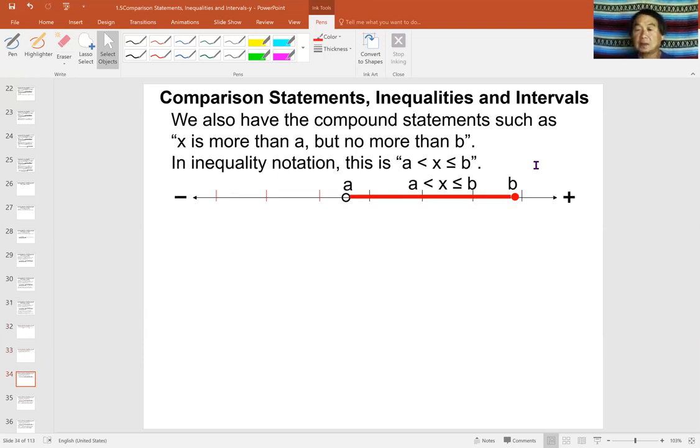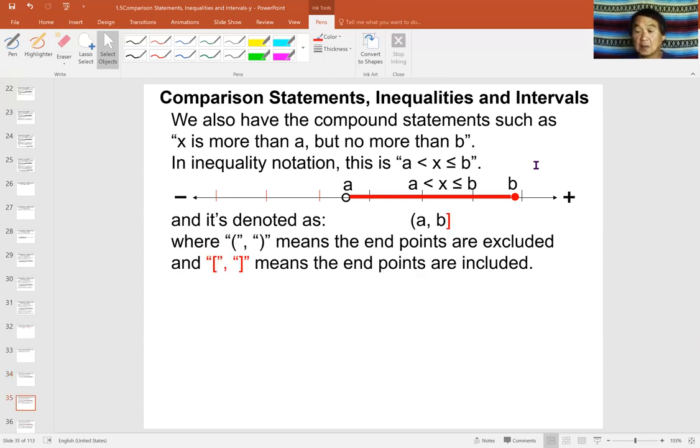I have the sentence, the inequality, and the interval, with the picture. Interval notation uses parentheses: the smaller number a is on the left, b is bigger, and a is not in it, so I use a round parenthesis. B is included, so we use a bracket. This we call interval notation.